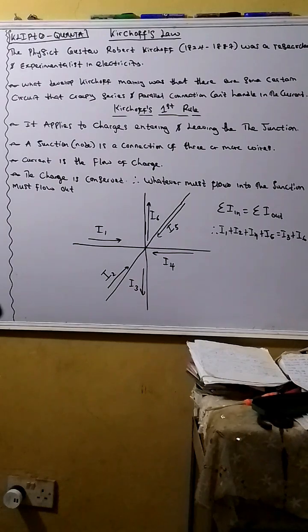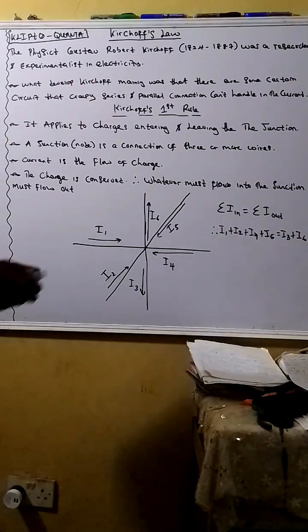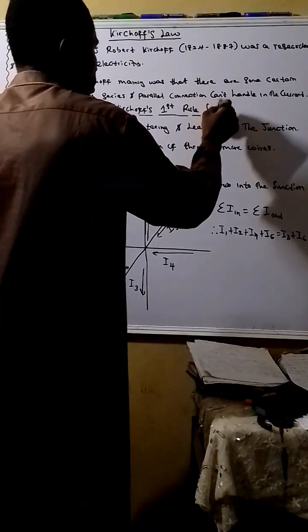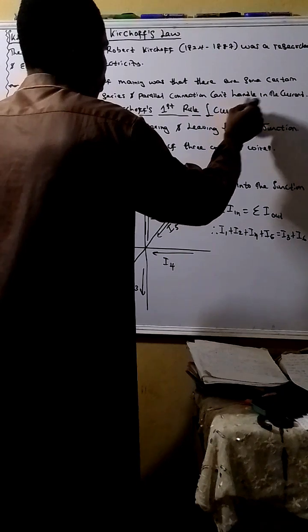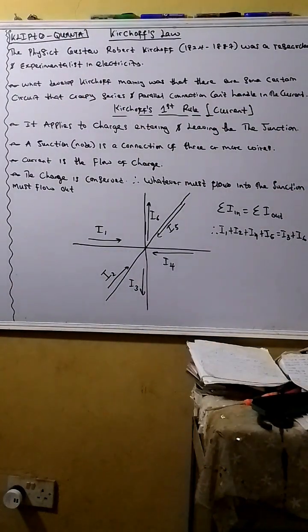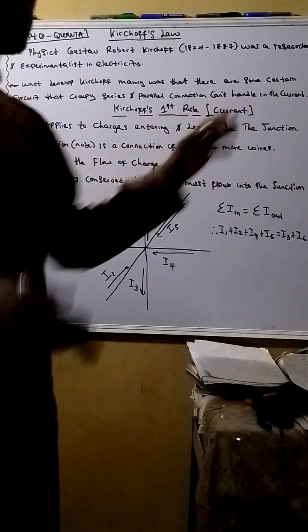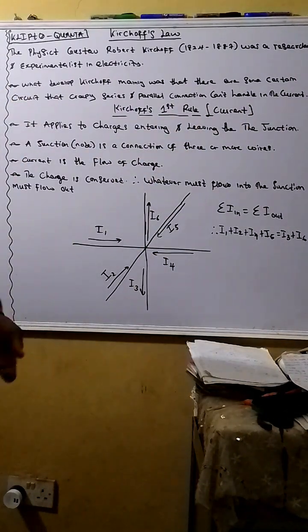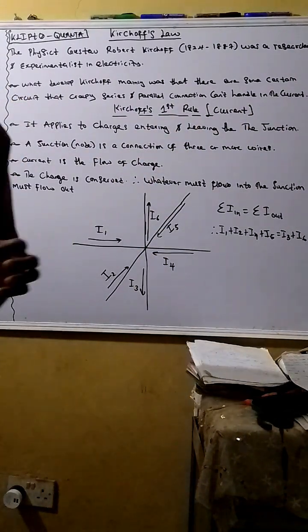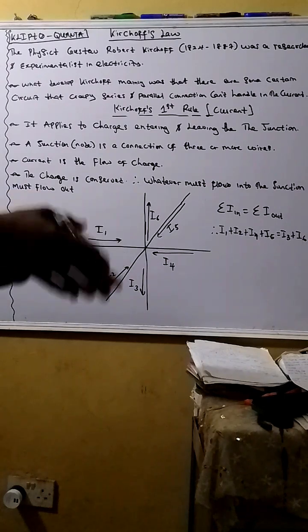Kirchhoff's first rule is talking about current. It applies to charges that are entering or leaving a junction. What do they call a junction? In Yoruba we call it orita meta.